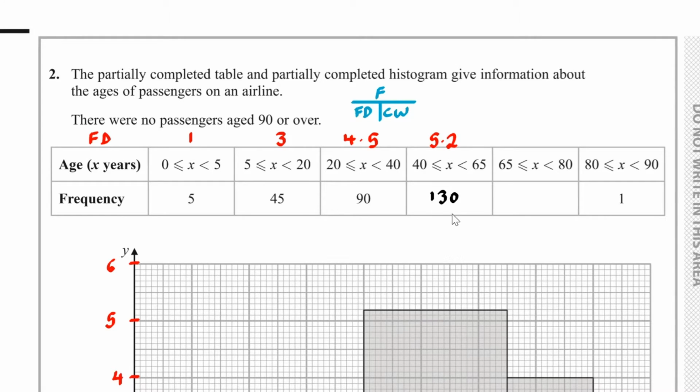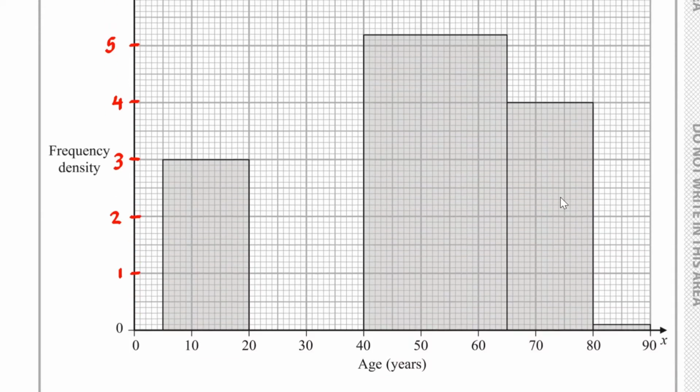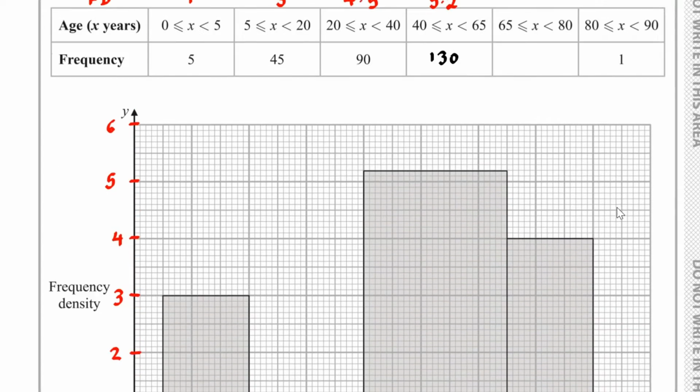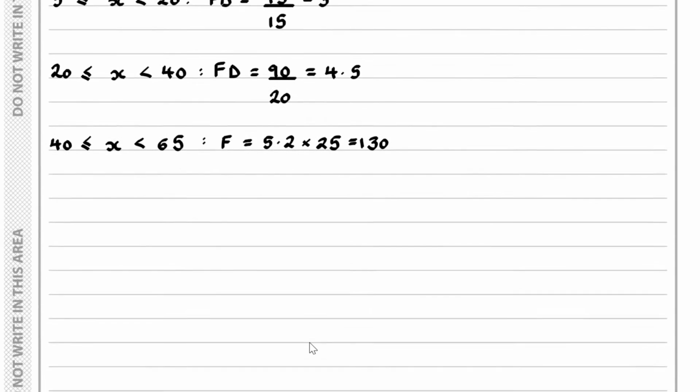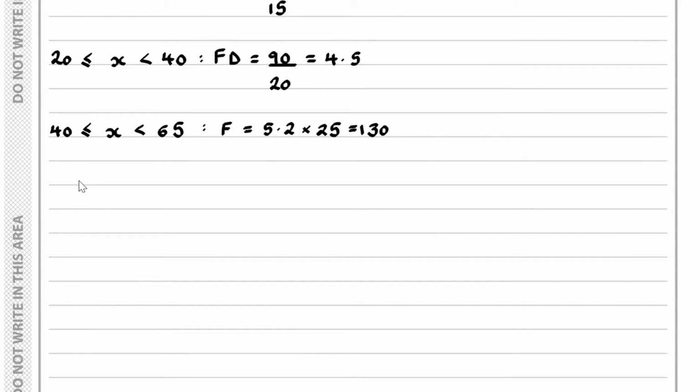we've got 130 here. From 65 to 80, well, you can see the frequency density here is 4. So in a similar way, we can find out what the frequency is. The class width is 15, the frequency density is 4, and so for the interval 65 to 80, the frequency will equal 4 times 15, which is 60.